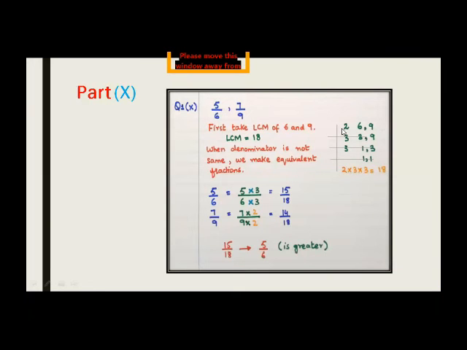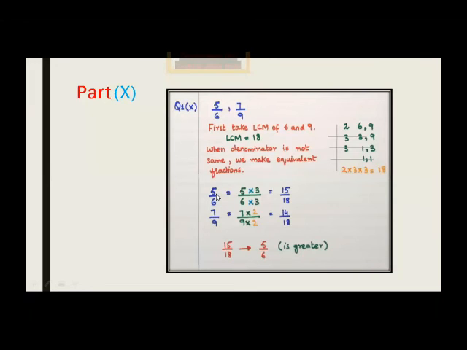So when you multiply 2, 3, 3, you will get 18. When the denominator is not the same, we make equivalent fractions. This is 5 upon 6, this is 7 upon 9. These are the two fractions of the question.